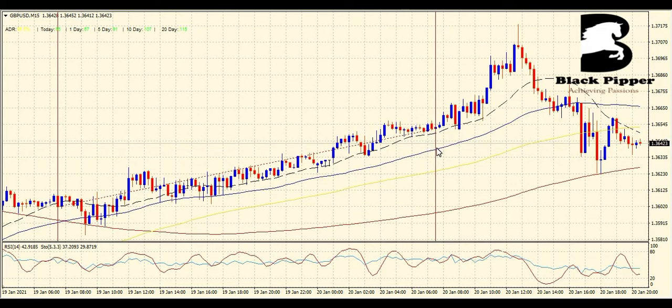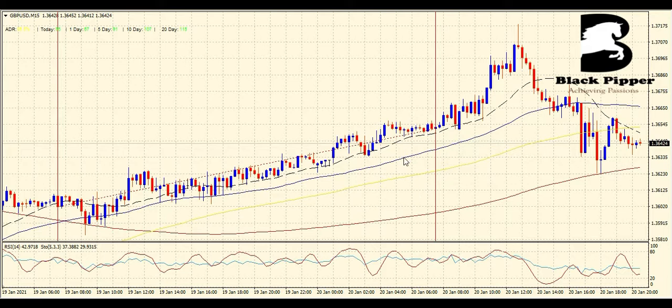I have already marked the time 5:30 GMT on my chart. The time frame is 15 minutes, and this candle shows 5:30 GMT.